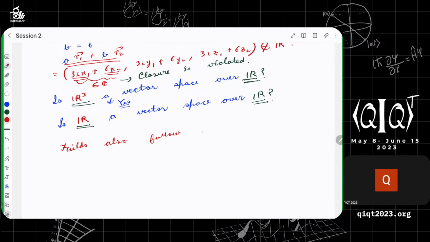If you want to learn more about what fields are, then I would refer you to the book by S.K. Mapa. I think the name is Higher Algebra, Linear and Abstract.